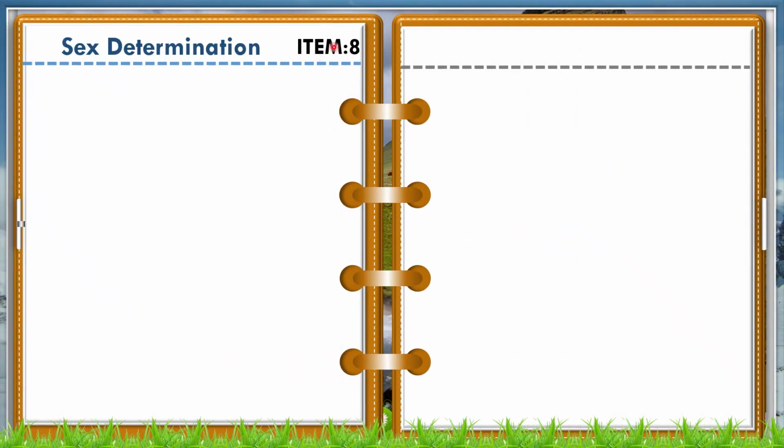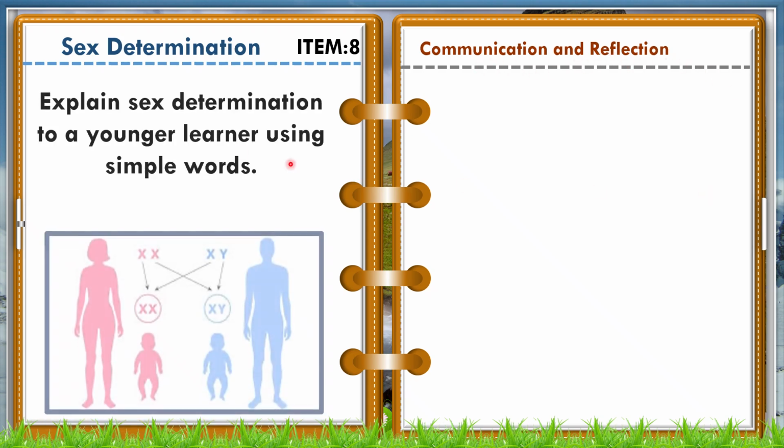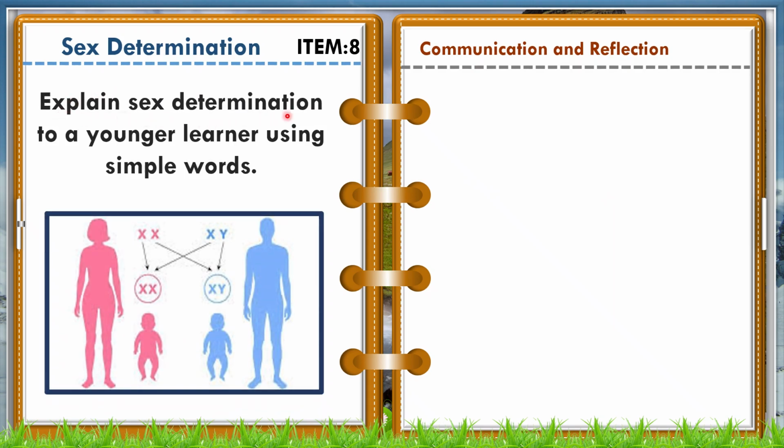Item 8, sex determination. We are going to emphasize communication and reflection. Explain sex determination to a younger learner using simple words.